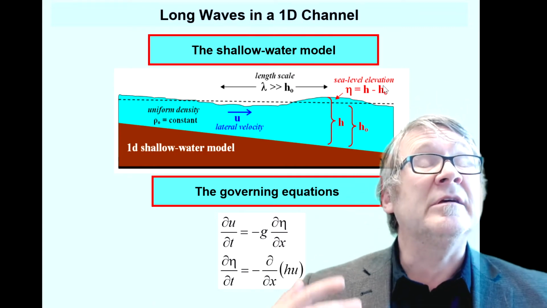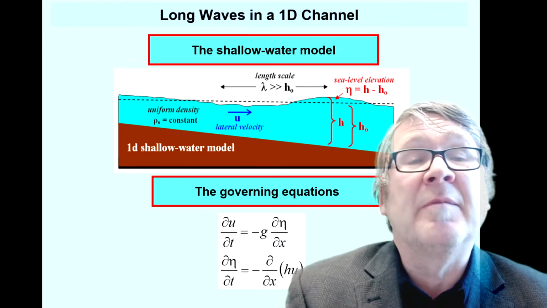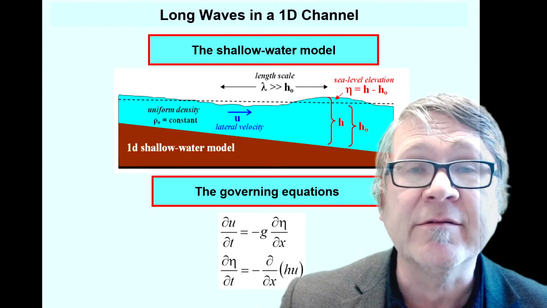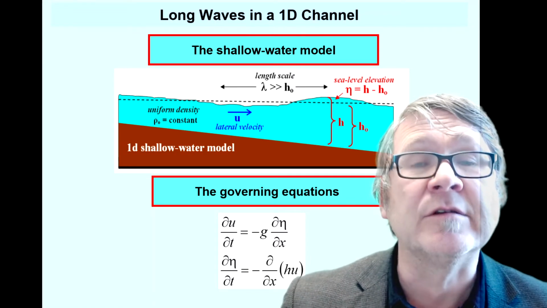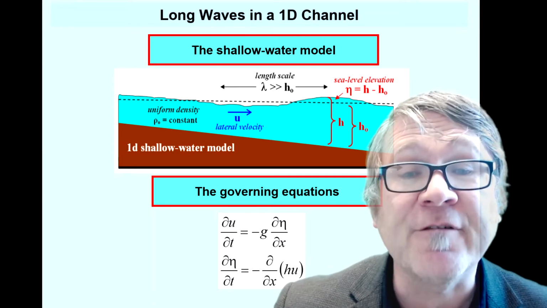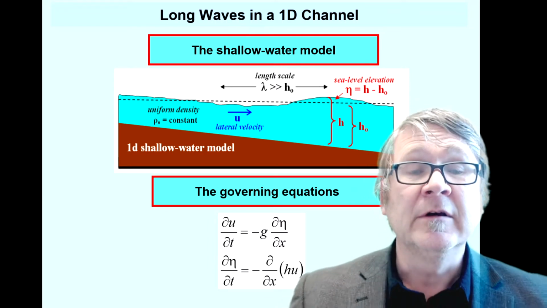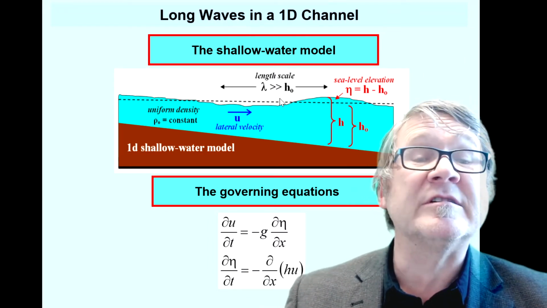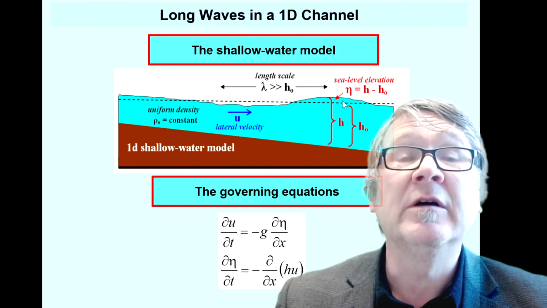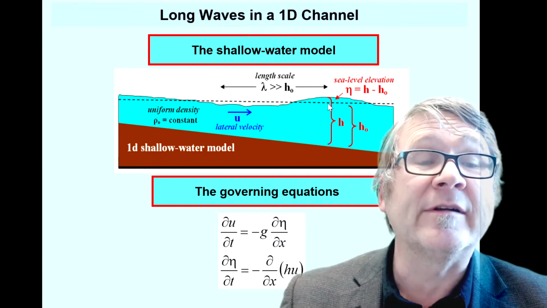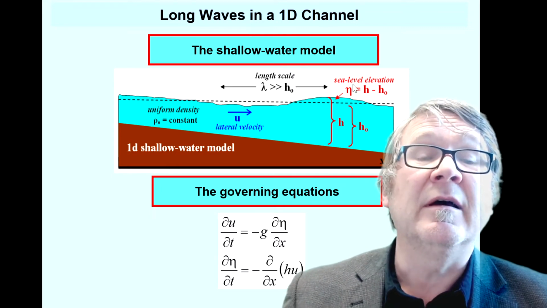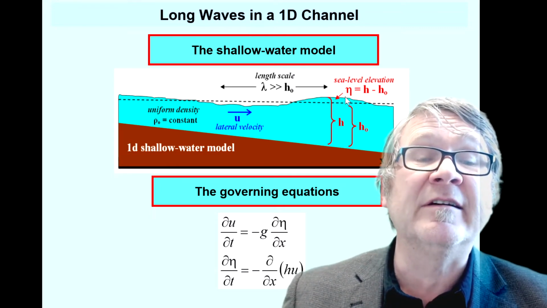And the assumption behind that is this type of model is justified if the horizontal wavelength of a process exceeds the total water depth by far. All right, so we have something called the sea level elevation, which is the difference between the true total water depth to the undisturbed water depth, with this symbol here called eta.